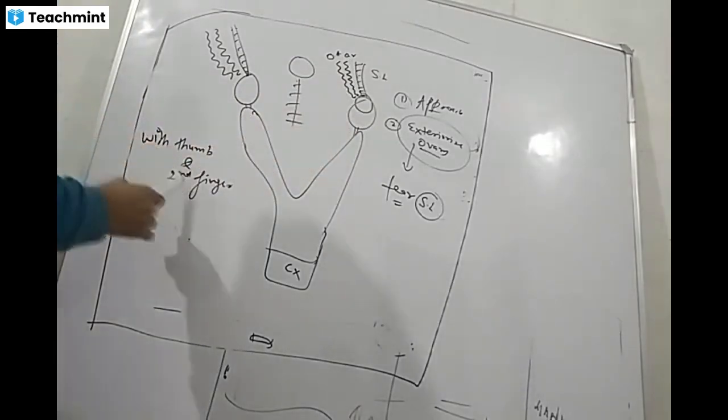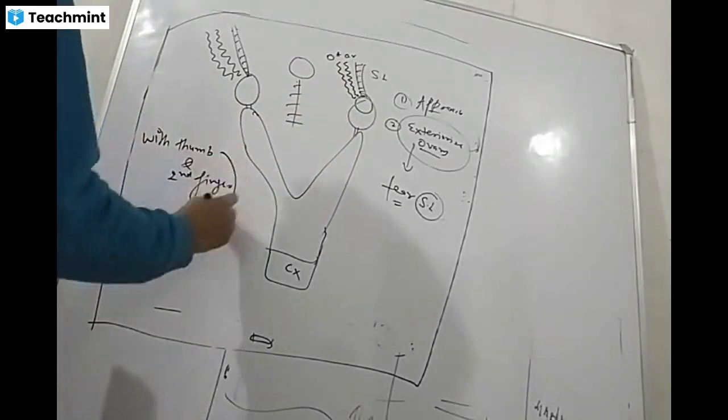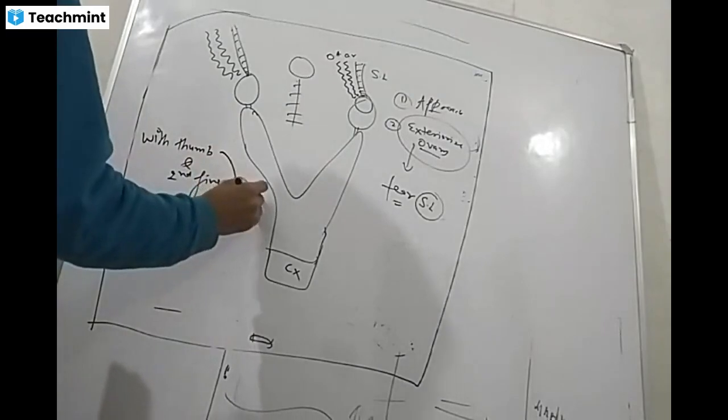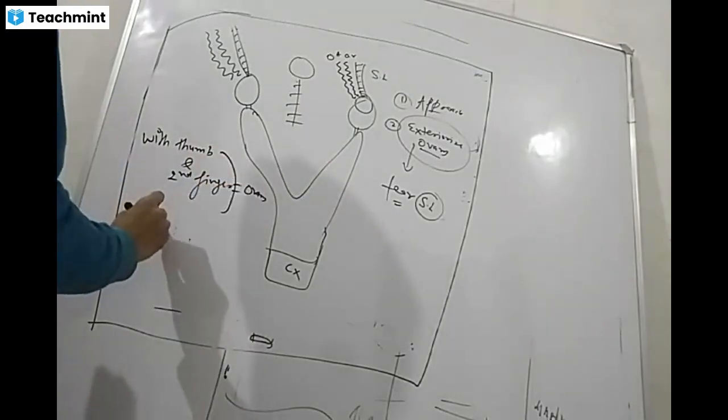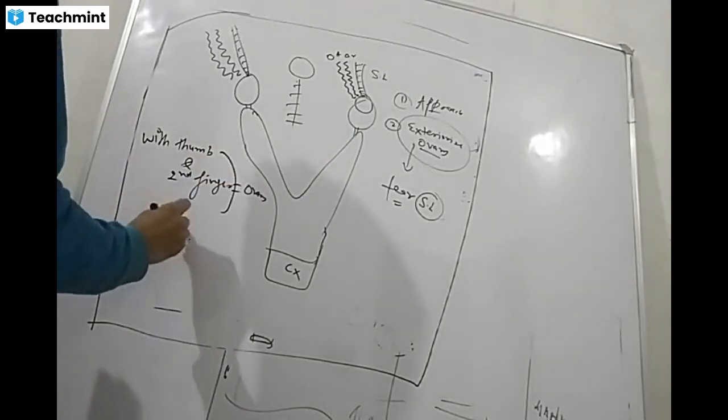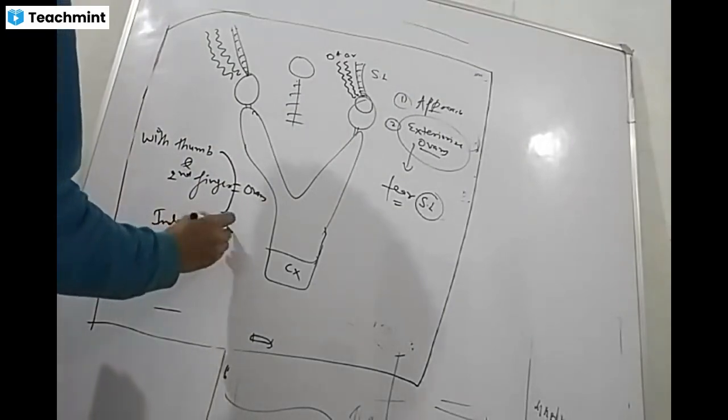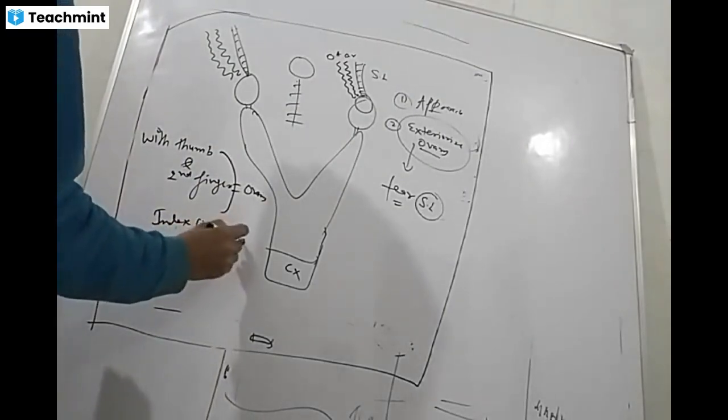So with thumb and second finger you hold the ovary, and with the index finger tear the suspensory ligament.